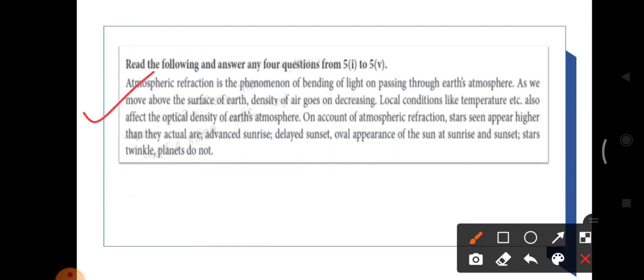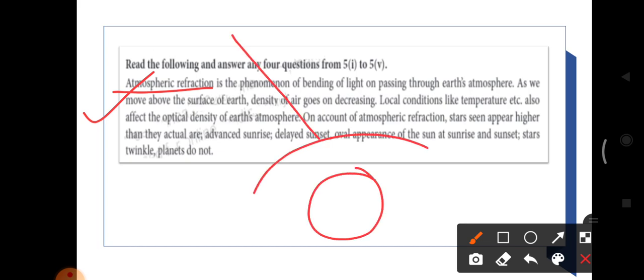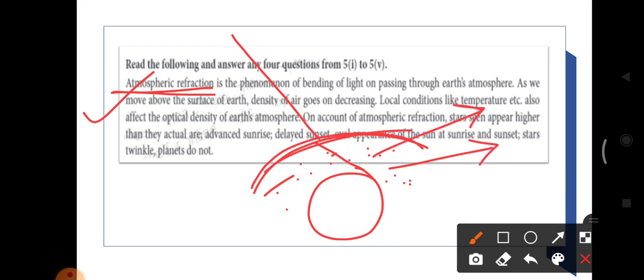Do you understand this paragraph? What is meant by atmospheric refraction? When the sunlight enters into the earth atmosphere, it undergoes refraction. This refraction is called atmospheric refraction. And the atmosphere consists of many particles, and the density of the particles and the temperature of this layer is not stationary.